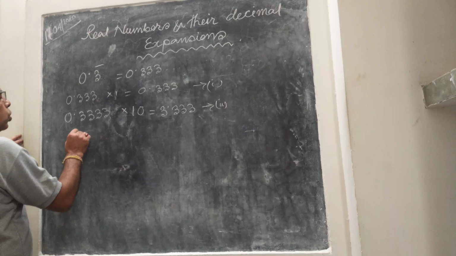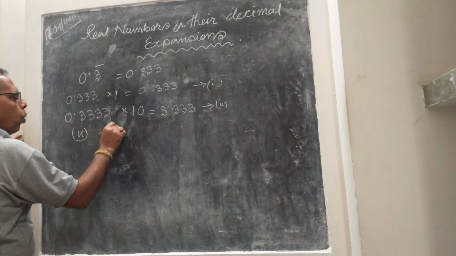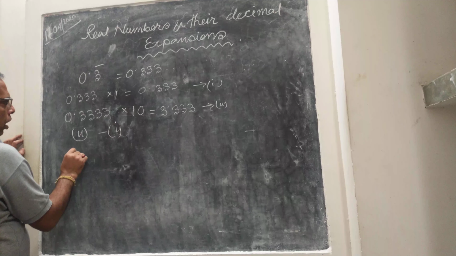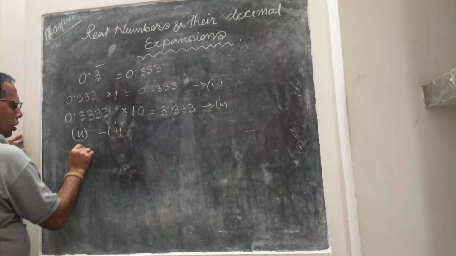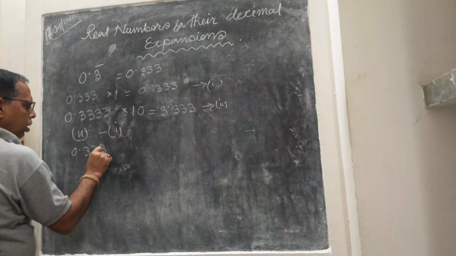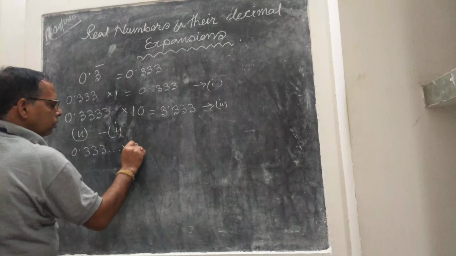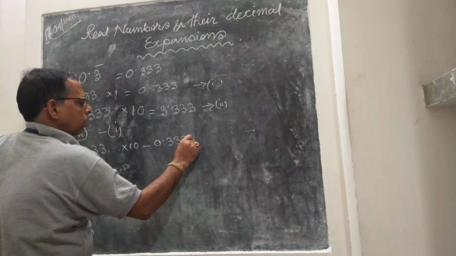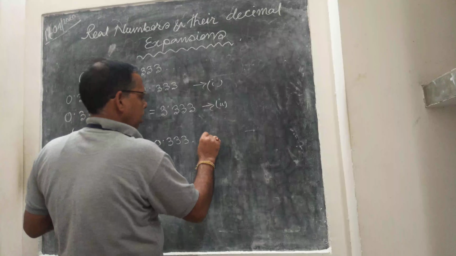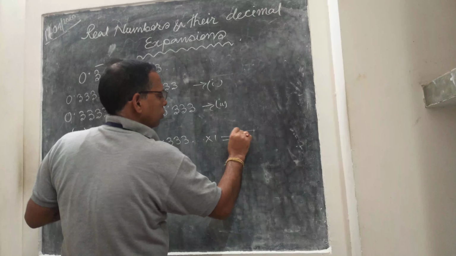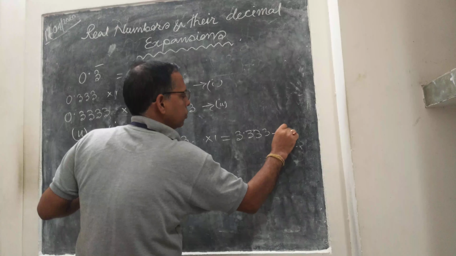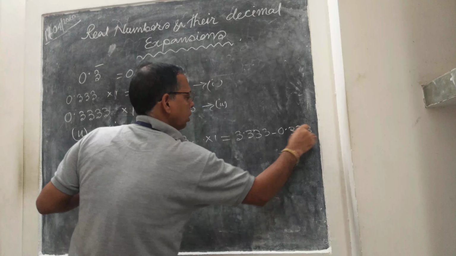Okay? Then, 2 minus 1. Then you see, 0.333 into 10 minus 0.333 into 1 equal to 3.333 minus 0.333.